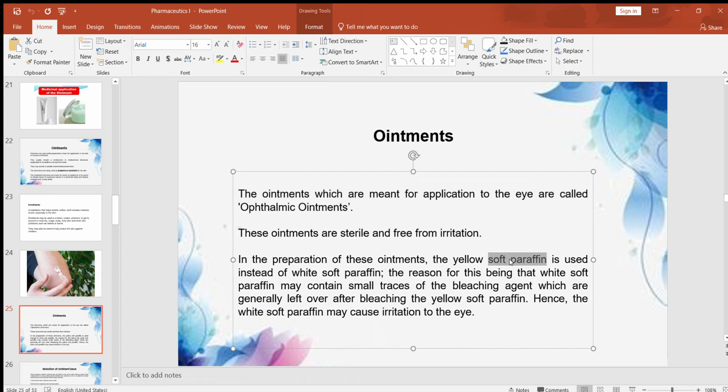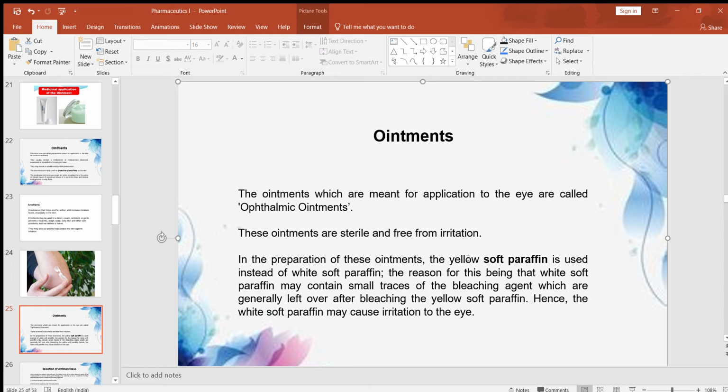Now this soft paraffin is available in two forms, yellow soft paraffin and white soft paraffin. The original soft paraffin is the yellow soft paraffin.